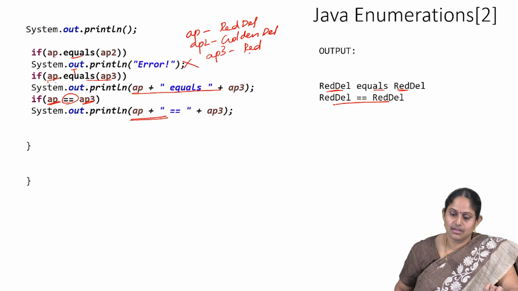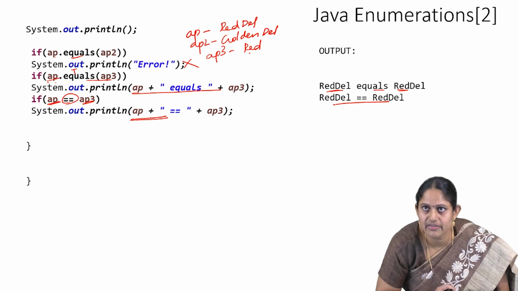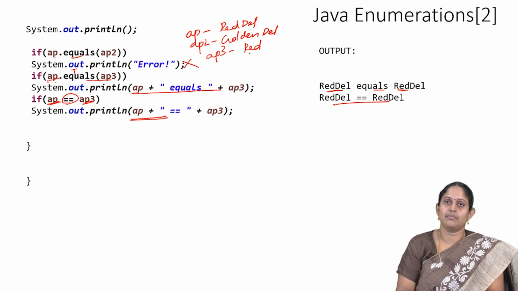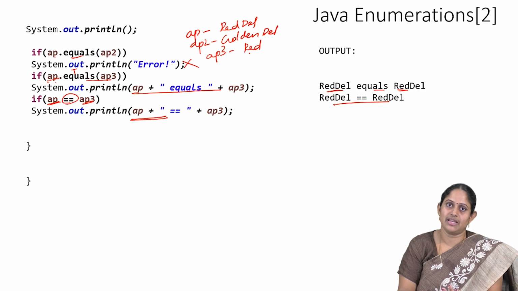So anyway, we have seen what enumerations in Java are, what the various methods are which can be used over enumerations, and how we can use them. Enumeration is similar to a class, since it also has constructors, instance variables and methods.